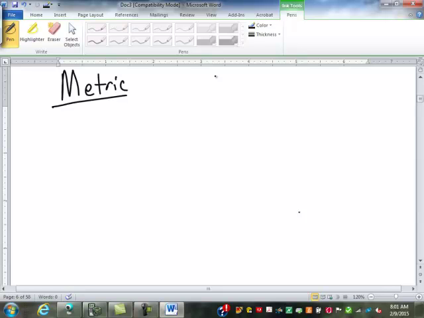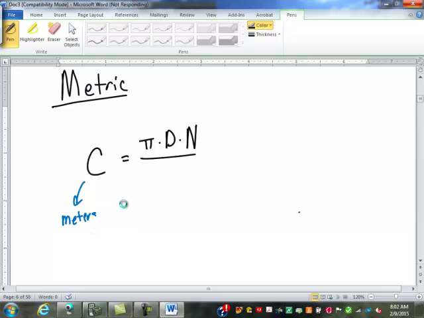So anyway, how does this all differ if we're dealing with metric? Well, not a whole lot. The only thing that really differs is our cutting speed formula. It's pi times diameter times your RPMs, but in metric, the cutting speed is not measured in feet per minute anymore. It is measured in meters per minute.